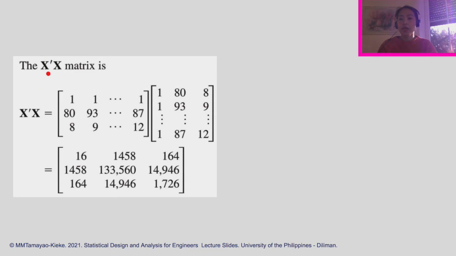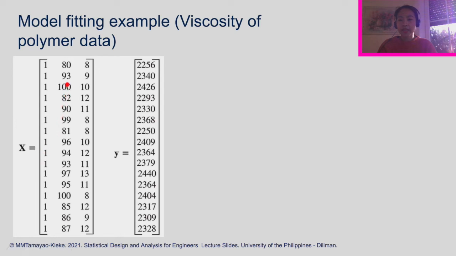We need the X to solve for the beta hat matrix. We need first to get the X prime X matrix, so X transpose times X. That would just be equal to this, and if we perform the operations, we would get this matrix. Note that X is a 16 by p matrix, where p is equal to k plus 1.